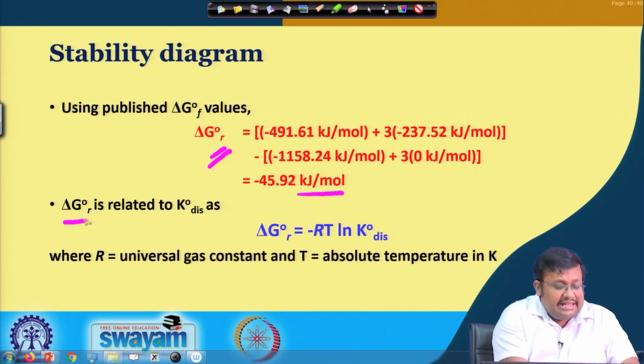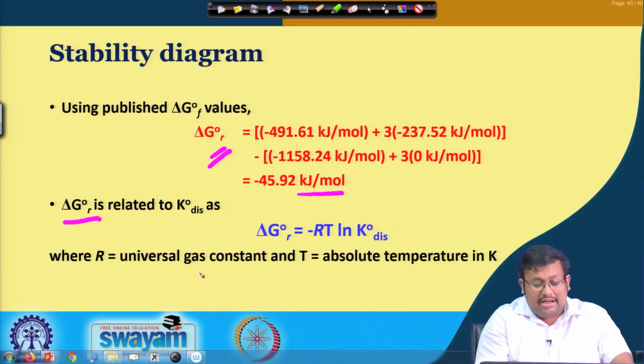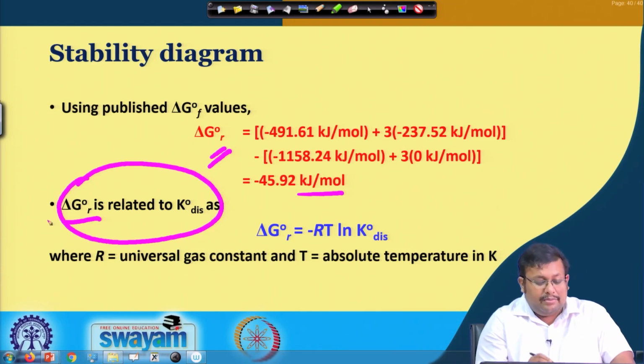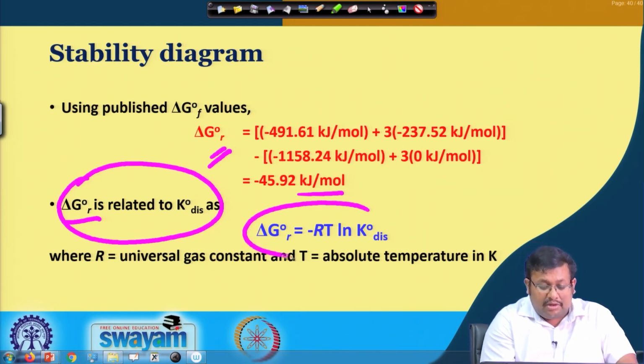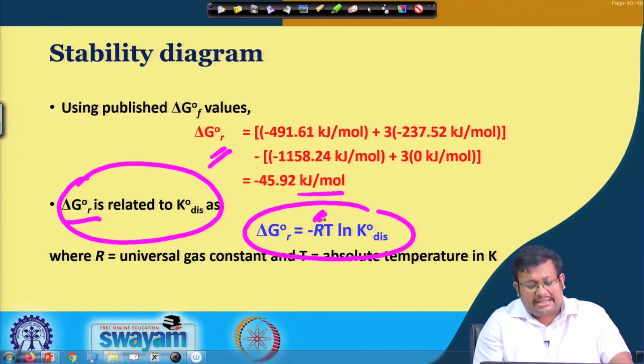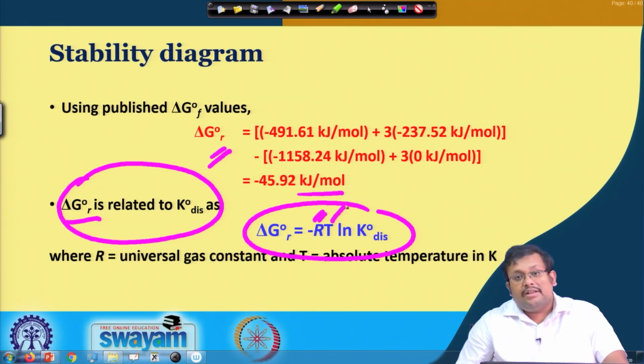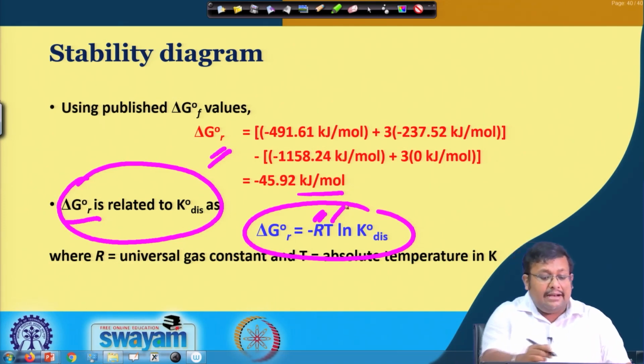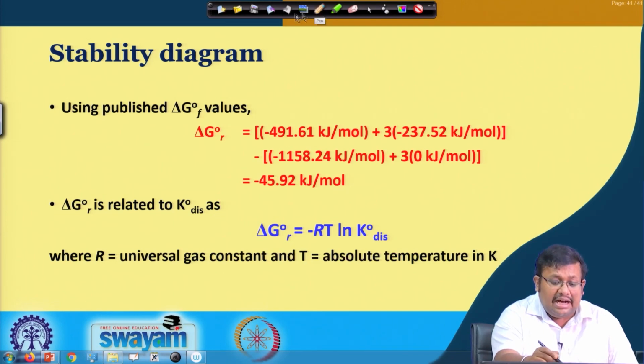As this delta G0 is related to the thermodynamic dissolution constant, it can be related to the thermodynamic equilibrium constant with this formula, where R is the universal gas constant and T is the absolute temperature. So, this is the relationship between the thermodynamic equilibrium constant and this delta G0.